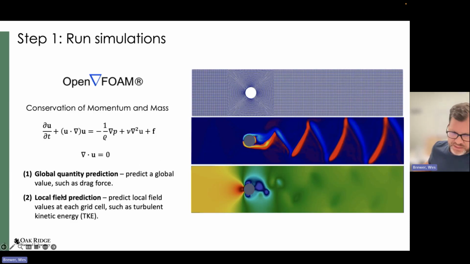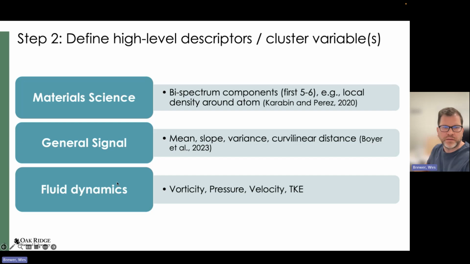A second type of problem is local field prediction, so predicting local field values at each grid cell, such as turbulent kinetic energy. In this case, for each of our subsamples, we want to predict some quantity. In our initial version of this work, we're just focused on global quantity prediction of drag force.